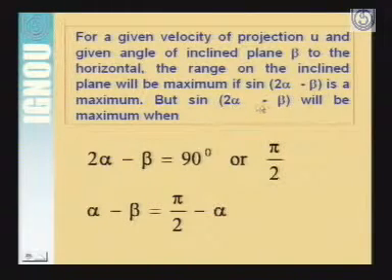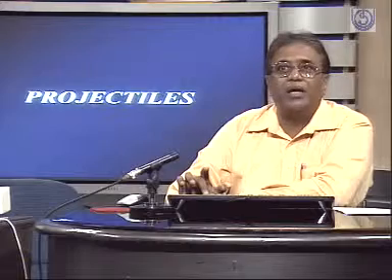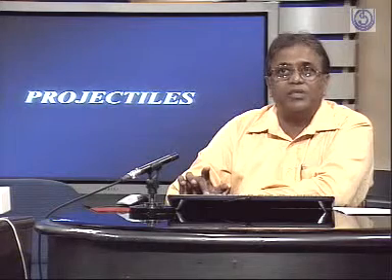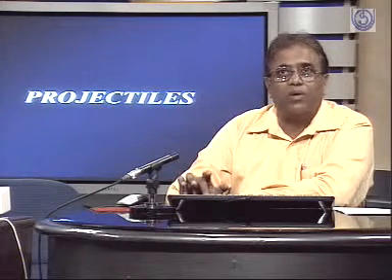But sin(2 alpha minus beta) will be maximum when 2 alpha minus beta is 90 degrees, that is, alpha minus beta is equal to pi by 2 minus alpha. Here alpha minus beta is the angle between the initial velocity and the inclined plane, and pi by 2 minus alpha is the angle between the vertical direction and the velocity component.